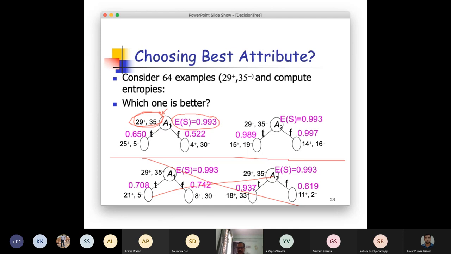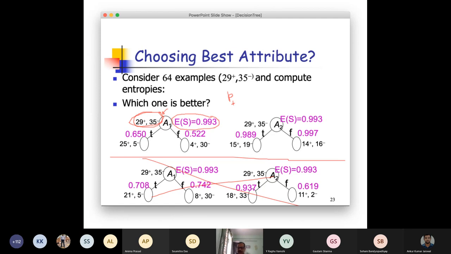Pure with respect to uniform levels, which means the probability of any one level is 1. The other will naturally be 0 if there are 2 levels. If there are multiple levels, then one of them would be 1 and all others would be 0. If you consider the probability of the positive level, P positive, you can compute what Shoham said, that is 29 by 64.